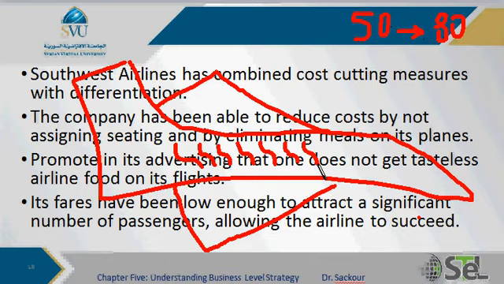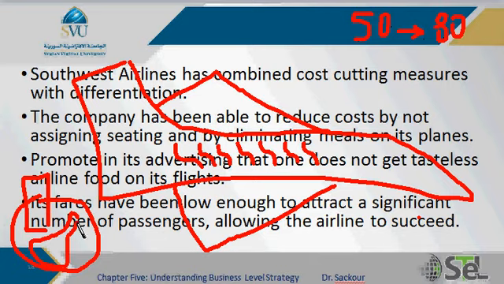The company has been able to reduce costs by not assigning seating, right? Eliminating meals. Some people don't like these meals on a flight. So no drink and no meat and other sandwich or whatever.